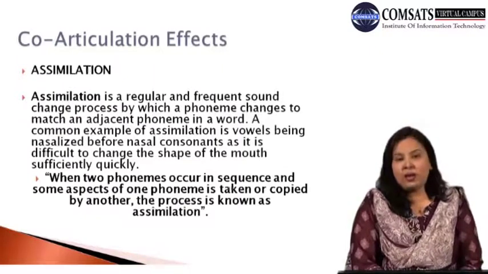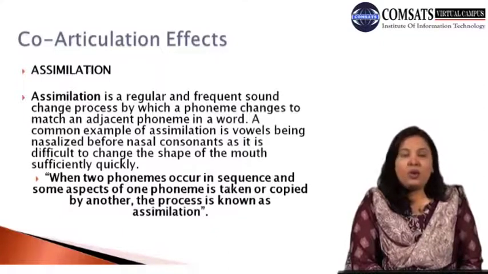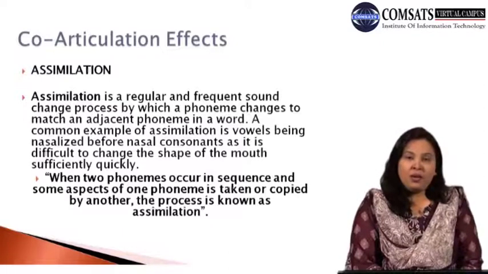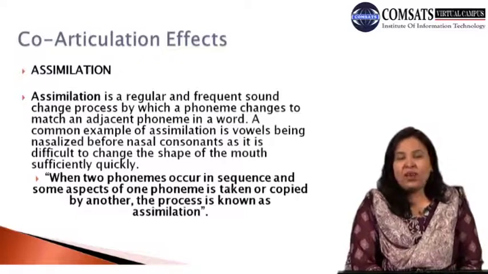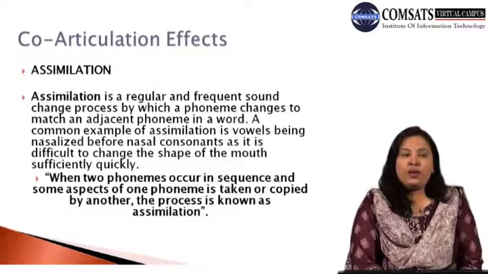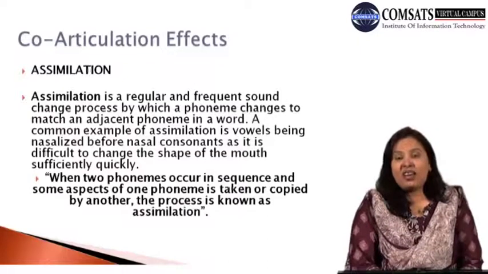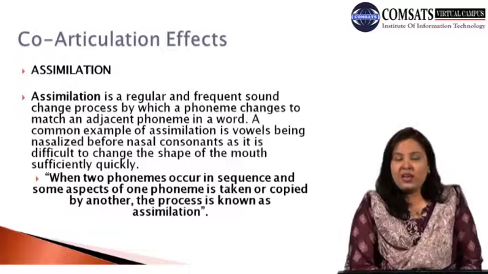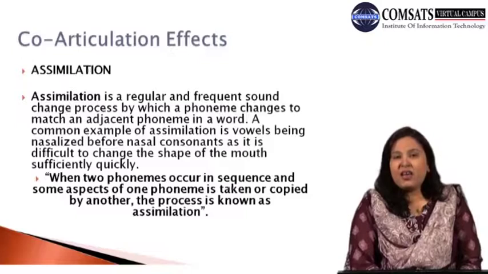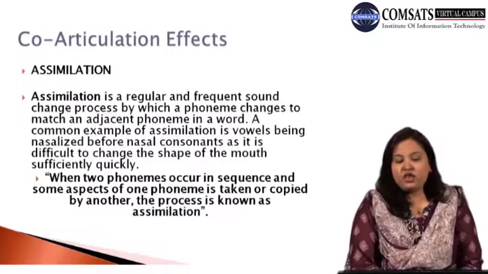Because we are talking quickly, and for every speech phoneme, different speech organs are involved, different oral and nasal areas and places are involved. So when we are producing them rapidly, we cannot change the shape of the mouth so quickly. We cannot alter the places of articulation so quickly. So as a result, we mix them, and the resulting effect is known as assimilation.